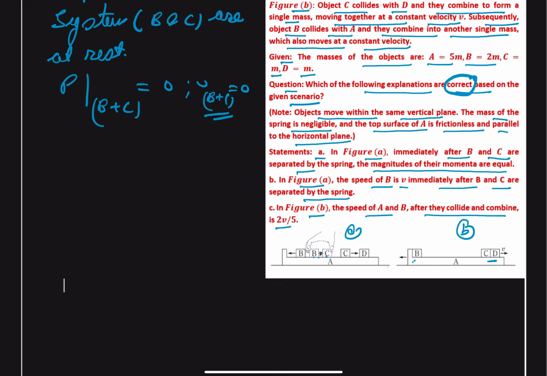And when they are released, we say the velocity of B is Vb and the velocity of C is Vc. We can assume it.